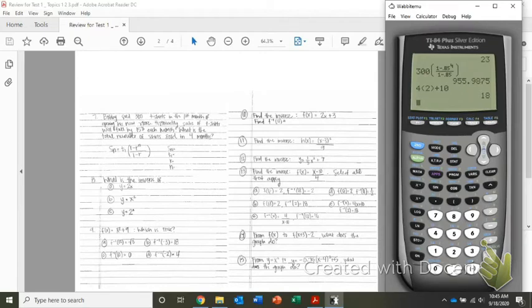Okay? Now, look at your remaining choices: A, B, and D. They all have similar things. They either say f of something equals something, or they say the inverse of something equals something.